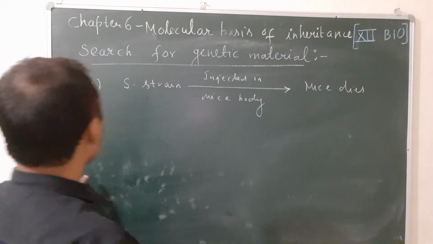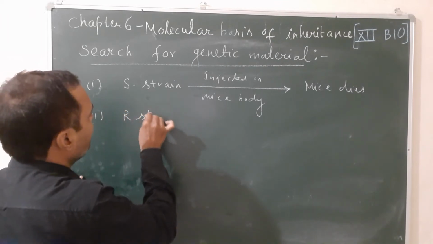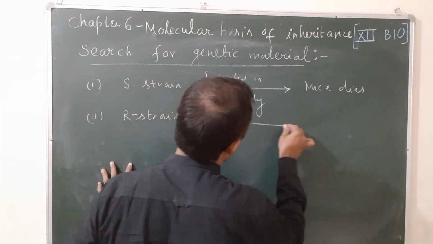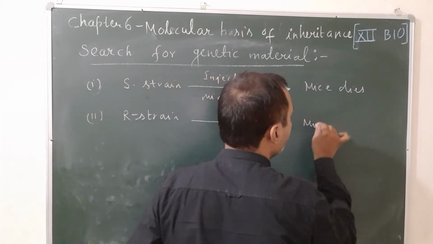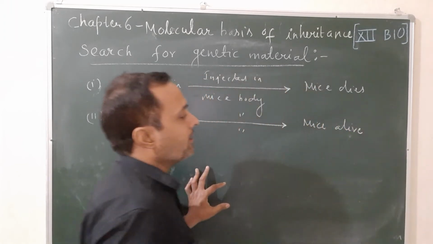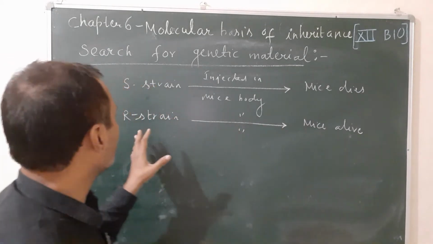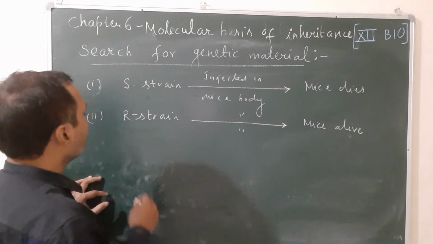In the second step, he took the R strain of the bacterium and again injected it into the mice body, and the mice stayed alive. That means the mice did not suffer from pneumonia because the R strain was non-pathogenic, that means avirulent.